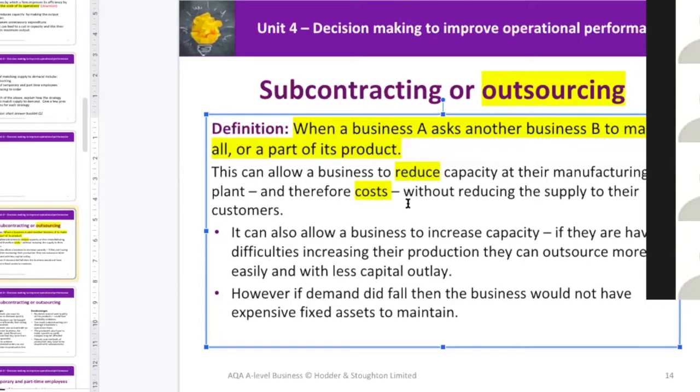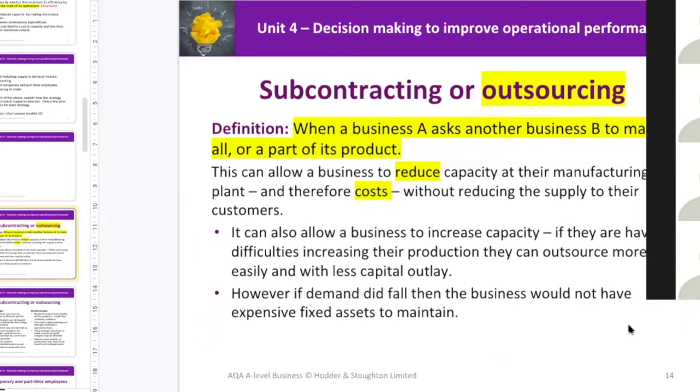But nowadays, China's manufacturing prices have increased. So company A is looking for other companies. For example, they move to Vietnam, they move to Indonesia. So they want to find cheaper outsourcing companies in order to reduce their cost, in order to get a higher profit. So that's the main purpose and the aim of outsourcing.